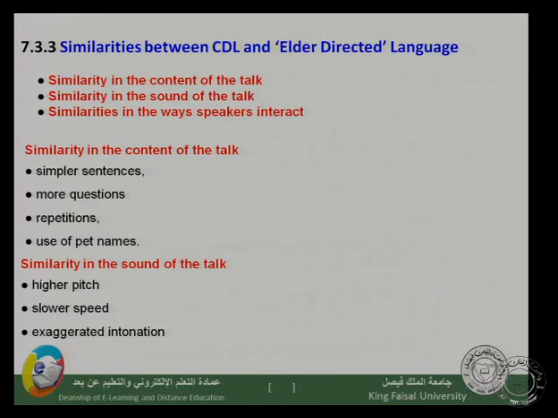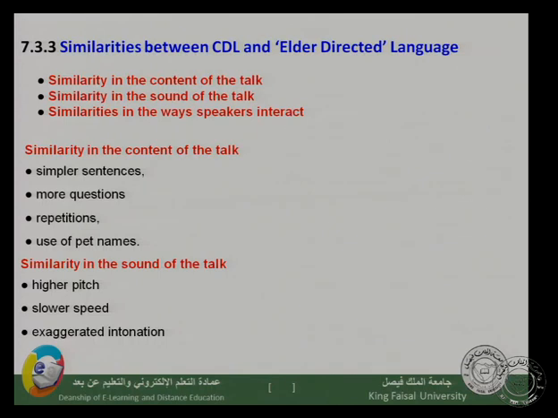Again, one of the characteristics of the similarity in the content of the conversation is that it is repetitive, where you repeat more than one time whatever you say to the child, or to the old man. You repeat because the child needs the sentence to be said to him more than one time. Similarly, for an old person, because he has difficulty processing language, you need to always repeat whatever you say to him.